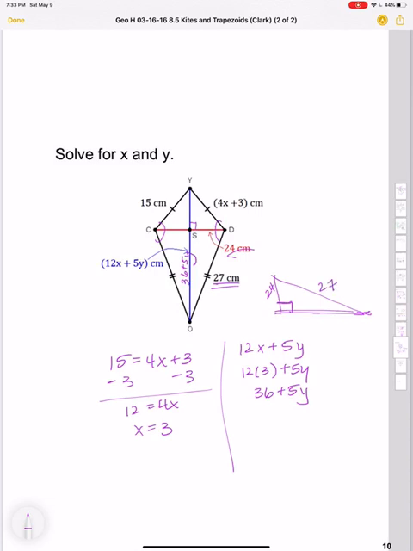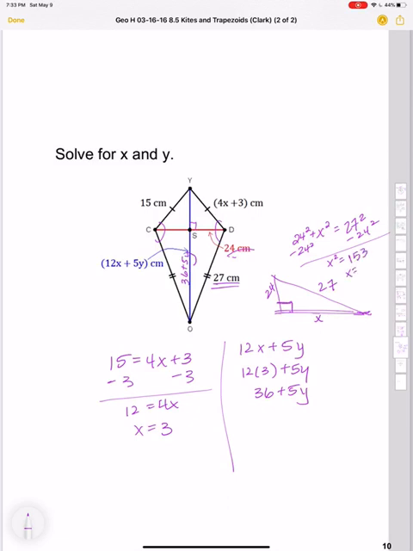So I could use the Pythagorean theorem. So 24 squared plus, we'll call this x squared equals 27 squared. So then I'm going to subtract: 27 squared minus 24 squared is 153.